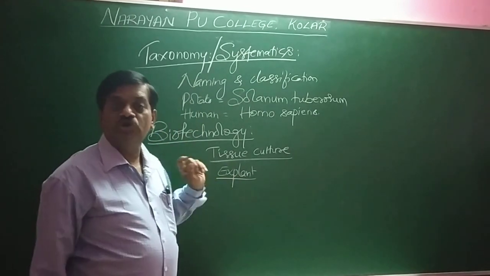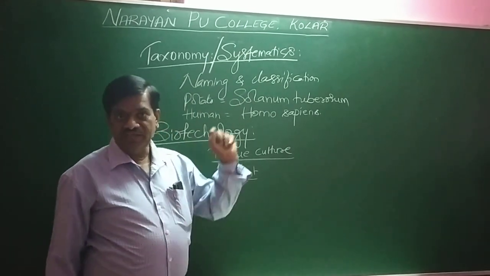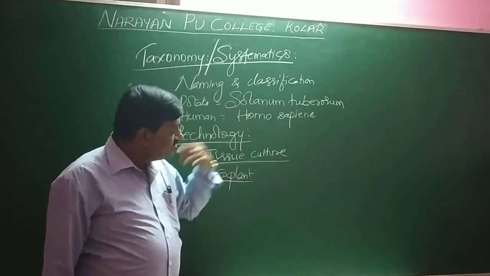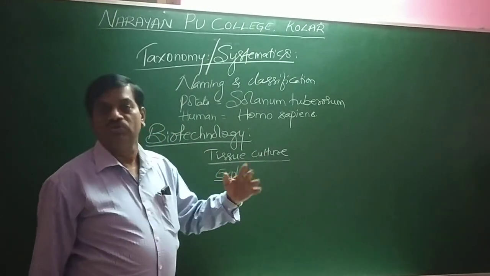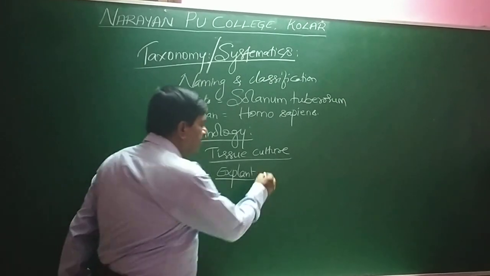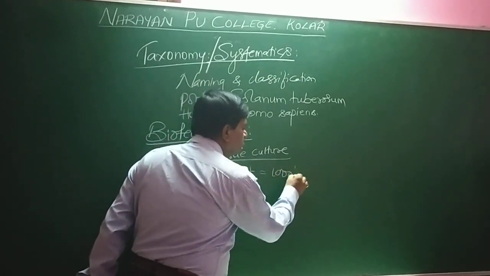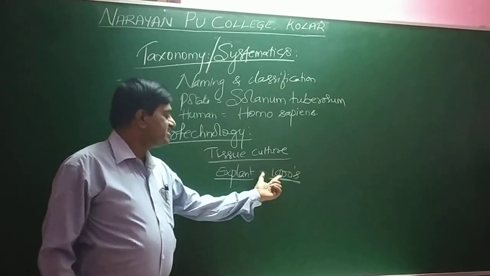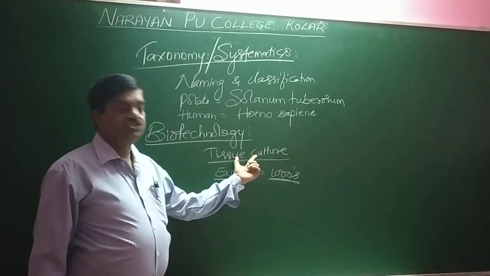So the explant is called a sample. We'll take any part of a plant body, a sample called an explant. This can be cultured, grown in a culture medium to produce thousands, crores of entire plants. Such a technique is called tissue culture.